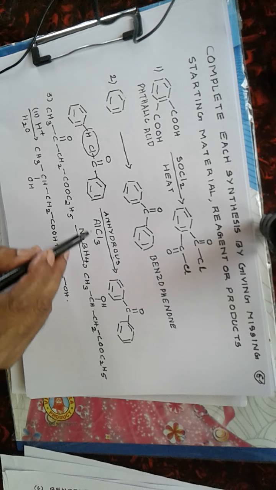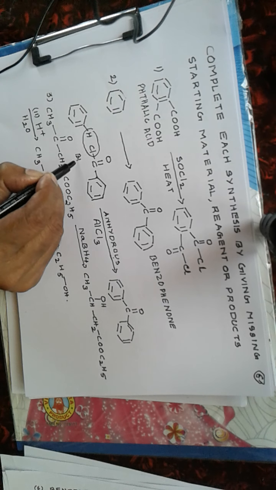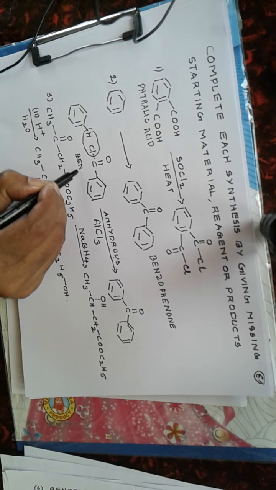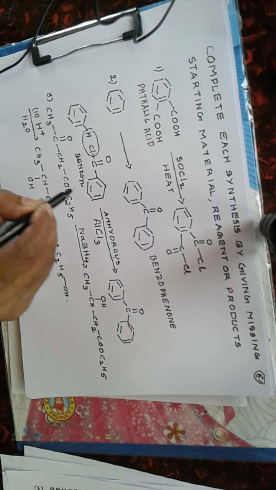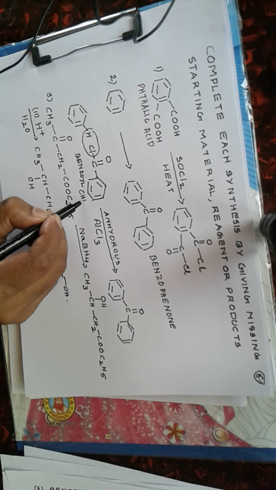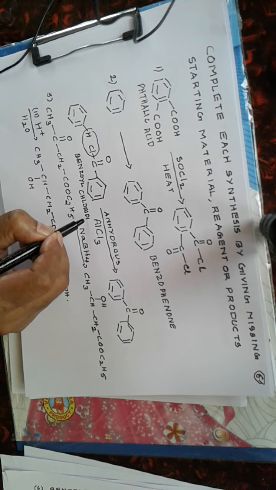This compound is called benzoyl chloride, and then anhydrous AlCl3, you get benzophenone.